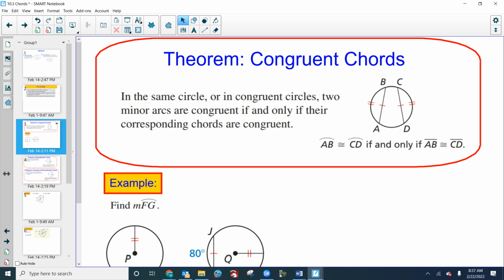Arc CD is a length. This is in two congruent circles, okay? So you're going to have to specify the difference between walking 100 degrees in one circle, not that impressive, it's small. Walking 100 degrees in a huge circle or in a huge lake, it's more impressive. We're talking about the same size circles in this case, so it's the same length for both.